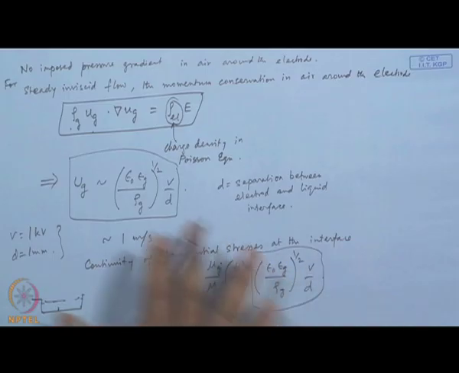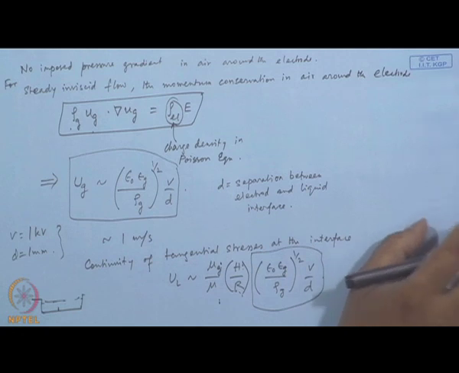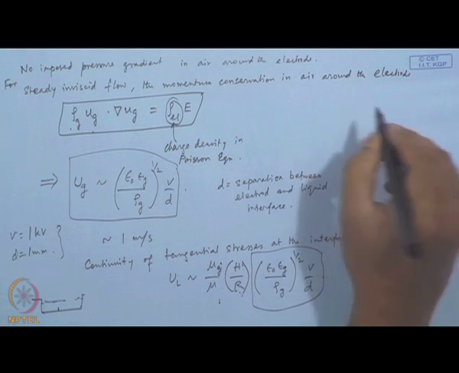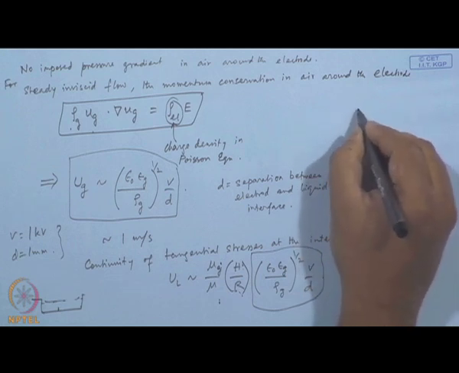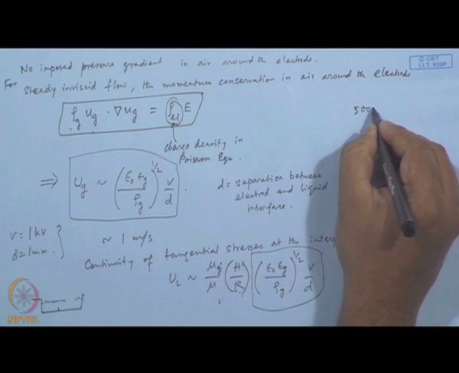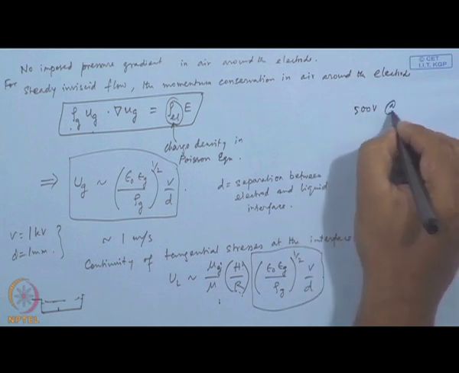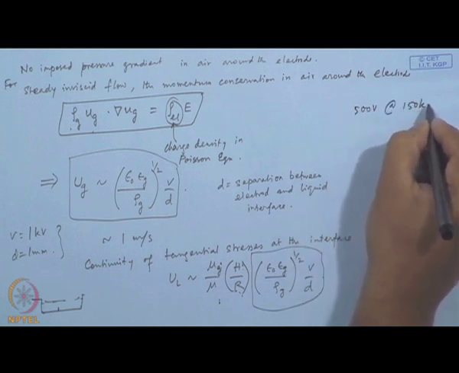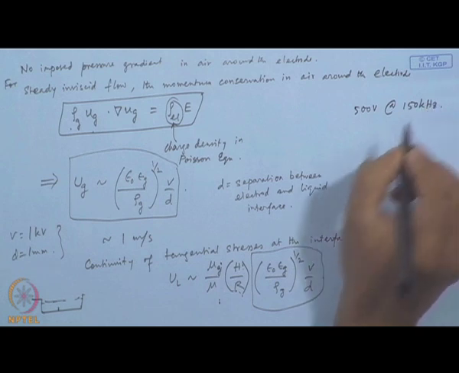So, the minimum voltage required typically, I mean, for this entire analysis we did not consider the AC field etc., but typically if somebody works with the AC field, the minimum voltage required would be about 500 volt at 150 kilohertz.